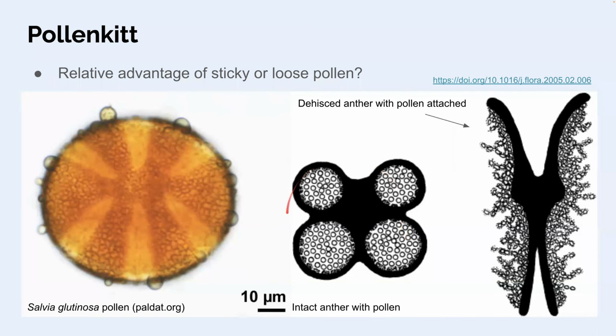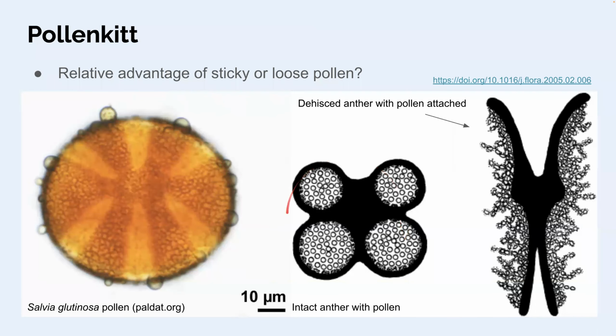It's produced pollen, but it hasn't dehisced yet. And when it breaks open, it opens up to the world, but its pollen grains are all still kind of stuck together. So they're sticking to each other, they're sticking to the anther. They're not falling to the ground because that would be wasted pollen. And they're not floating around in the breeze because that's also not an effective way to move pollen around.